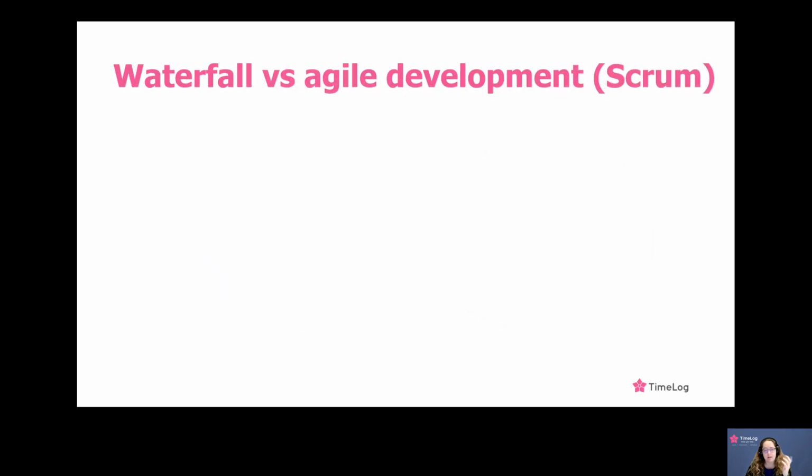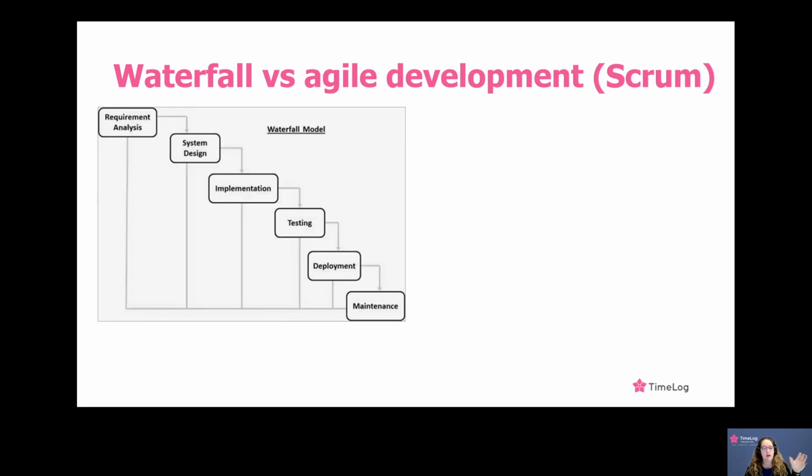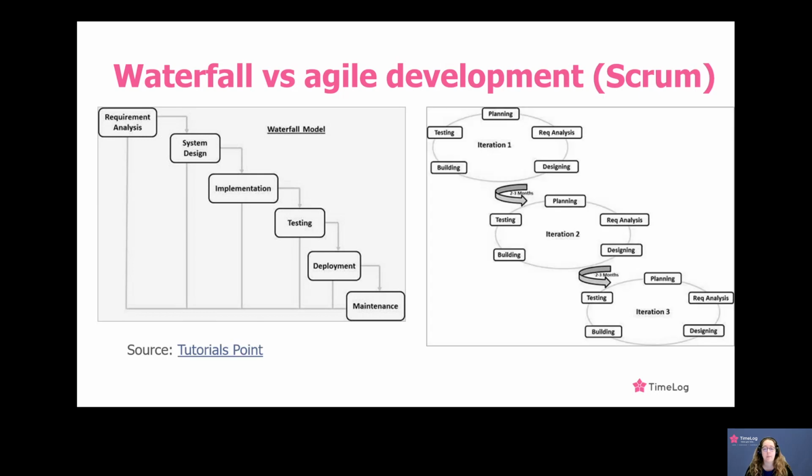Then within software development, there are so many frameworks that you can actually use. And I have focused on waterfall and agile development because that's what TimeLog has worked with. In waterfall, you have pretty much the same stages as you saw before, but you have to sort of complete one before you can move on to the next. And it therefore can take a lot of time before you're actually able to put something out to your users that they can use in the system.